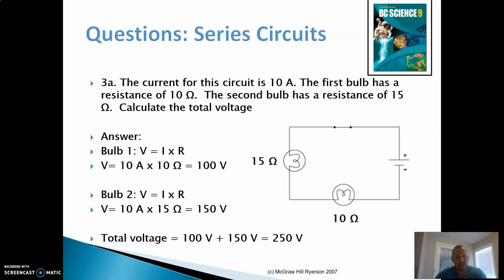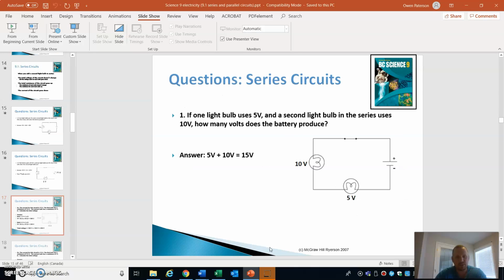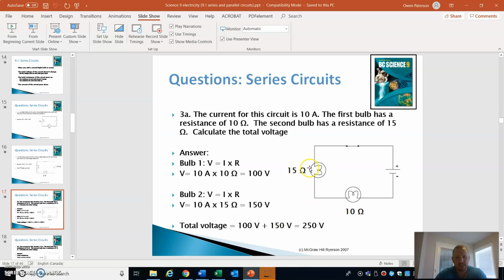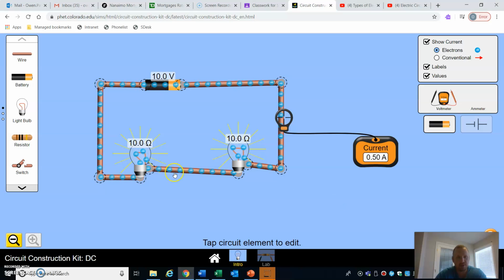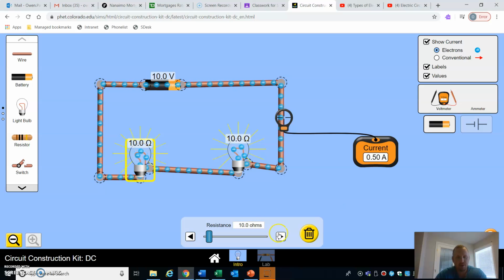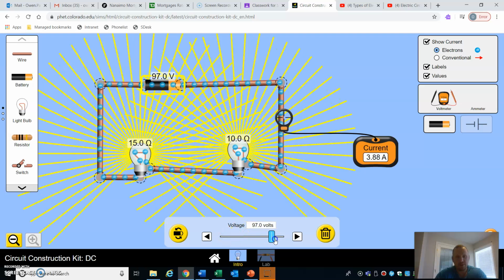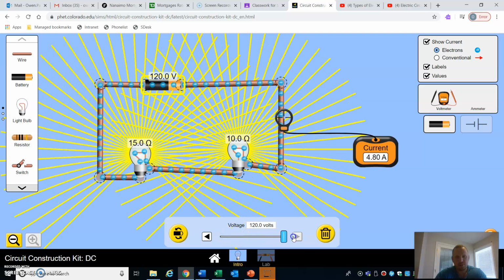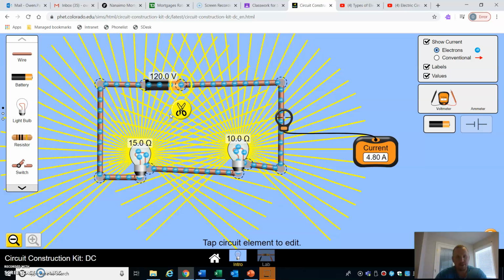And let's just try that out with the circuit simulator here. So the second light bulb is 15 ohms and the first one is 10 ohms. So we're going to change this to 15. We're going to change the voltage on the battery. Oh, we can only go to 120 volts. We'll add a second battery here.